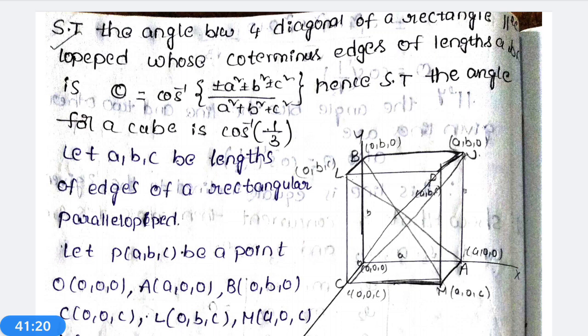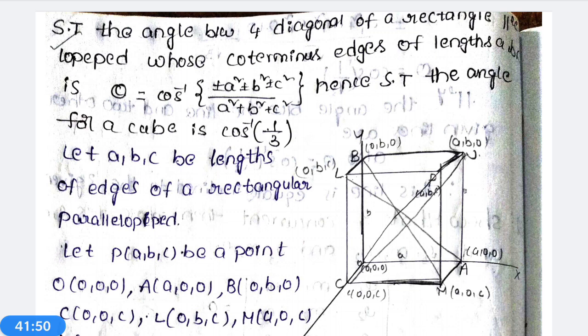L is a point on the YZ plane, (0, b, c). M is a point on the ZX plane, (a, 0, c). N is a point on the XY plane, (a, b, 0). So O, A, B, C, P, L, M, N are the vertices of the rectangular parallelepiped.